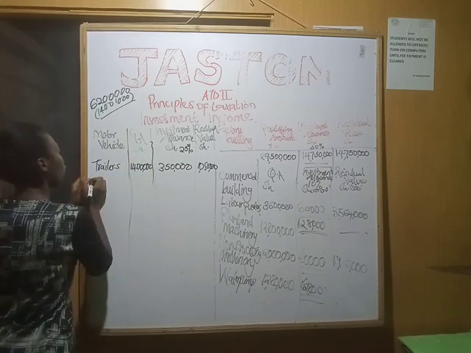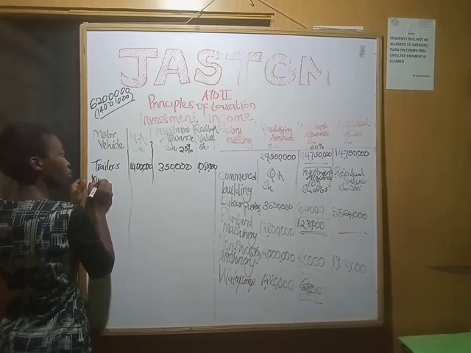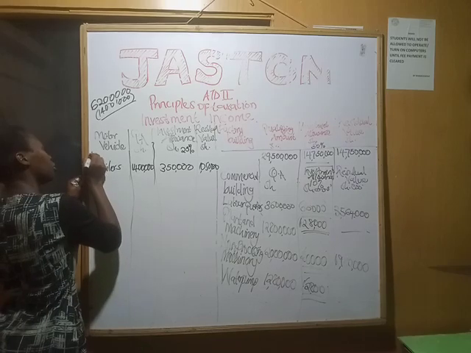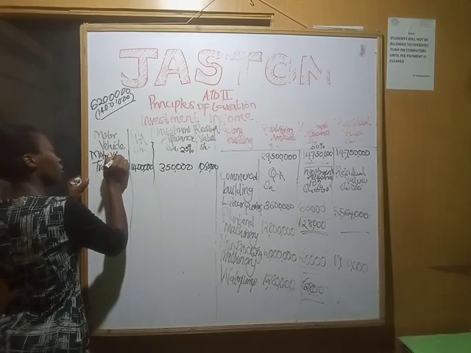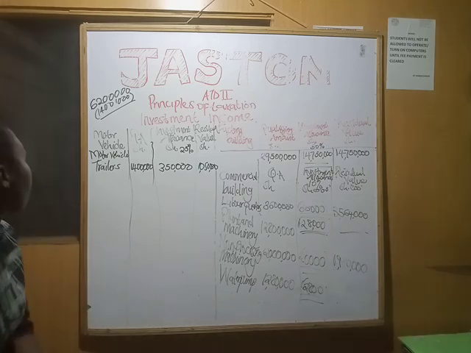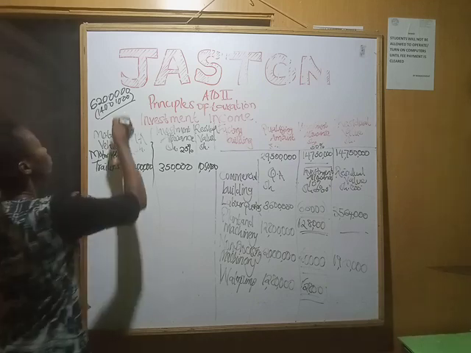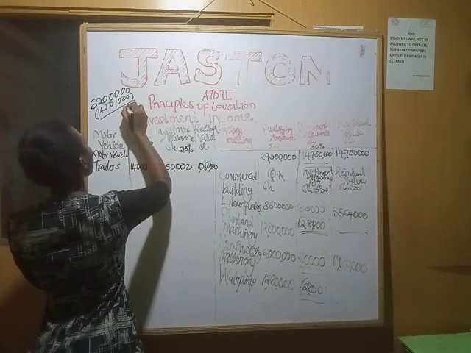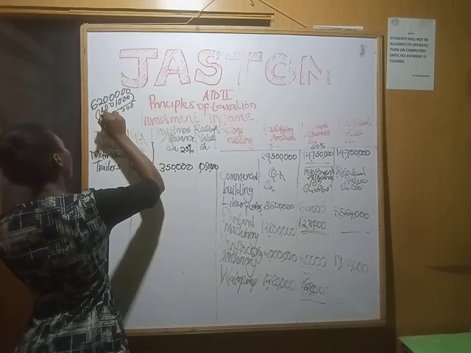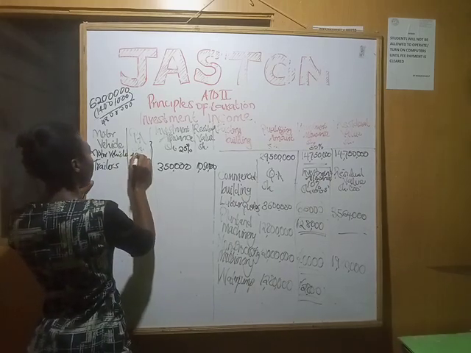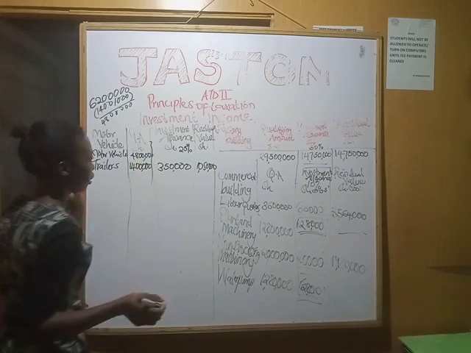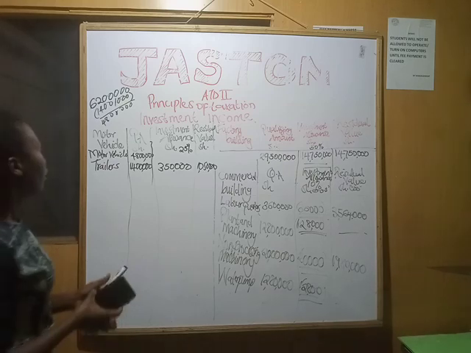So let's see for motor vehicle. Here we have our motor vehicle 6.2 million. Let's less this. We have 4,800,000.